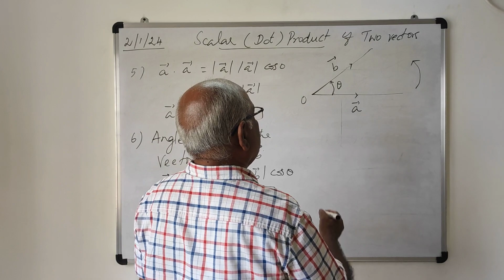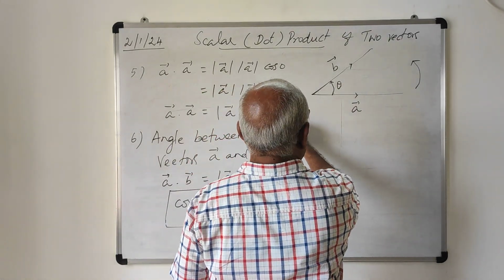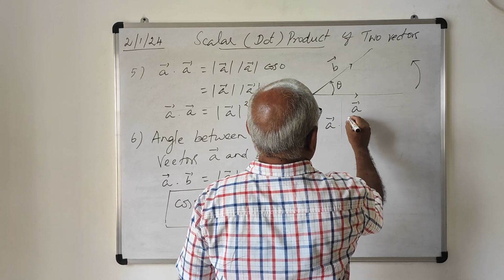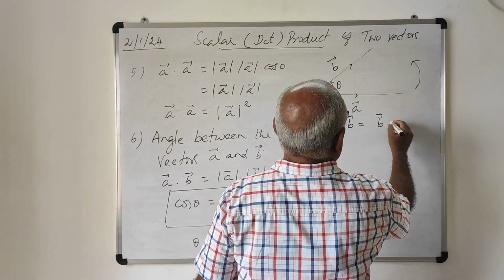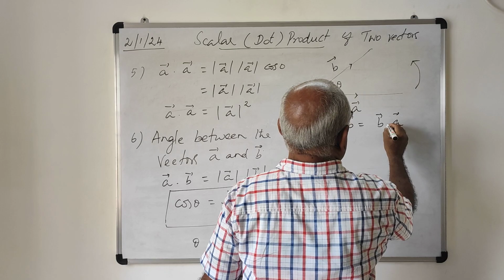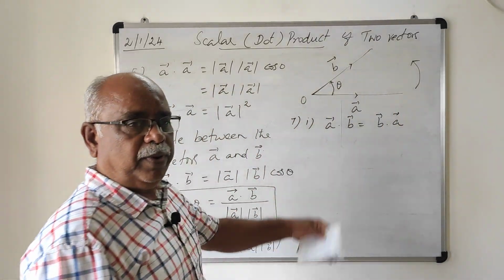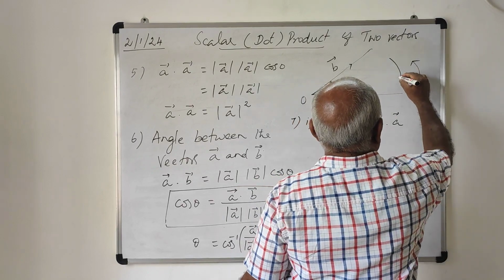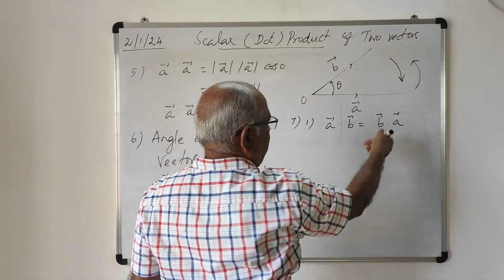And properties. Next one, A dot B equal to B dot A. The reverse multiplication is also possible for dot product. A dot B equal to B dot A. So B dot A you consider in this direction, in the clockwise direction.